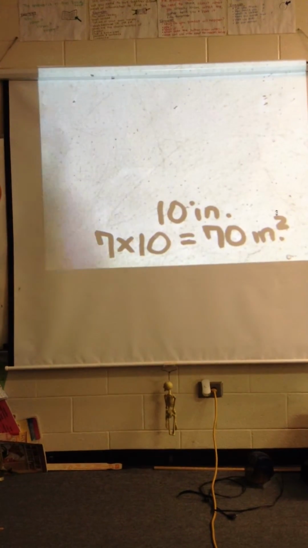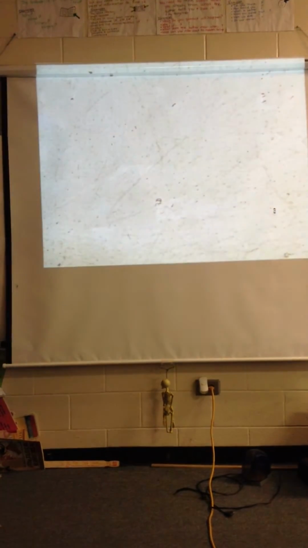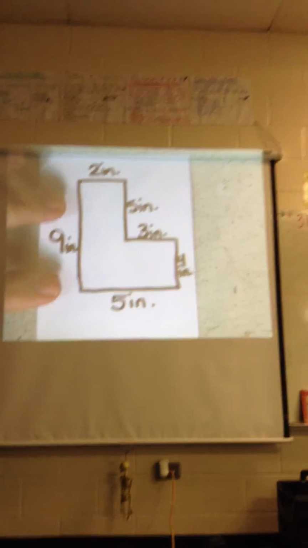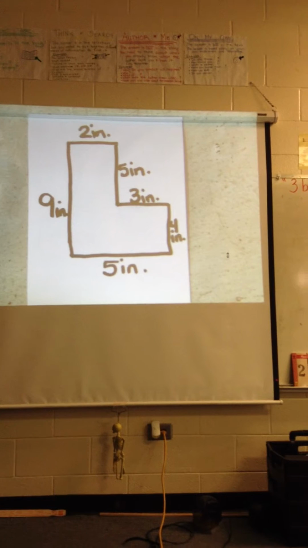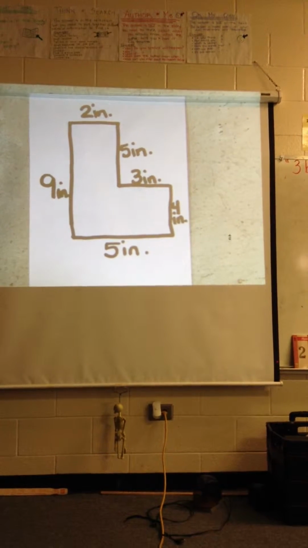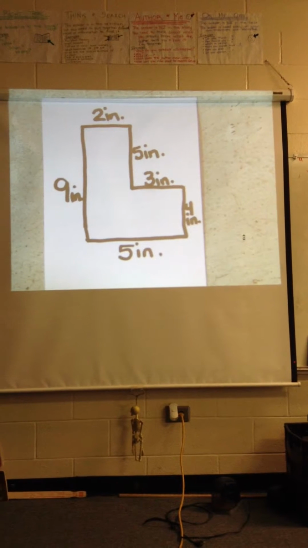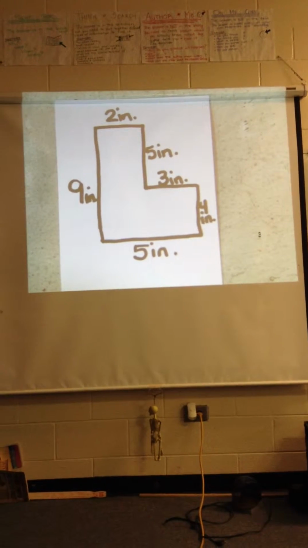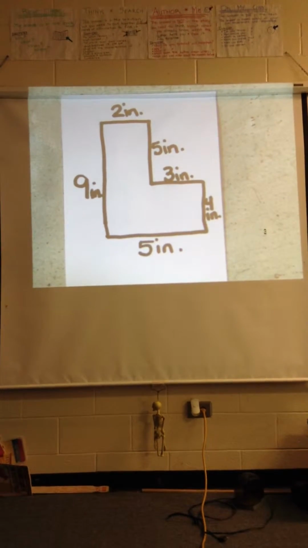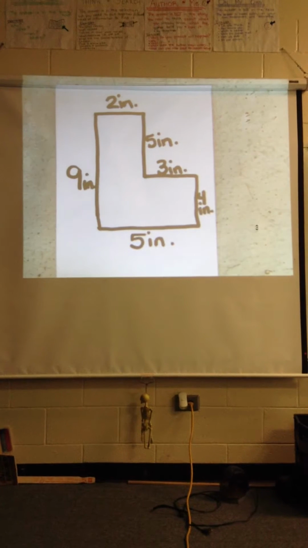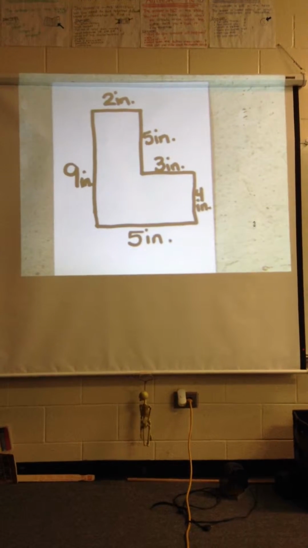Another area problem is when it is no longer a rectangle. This is a rectilinear shape. This could be the shape of a pool. Could be the shape of a garden if we didn't put our gardens side by side. If we look at this, then we're going to look at it and try to figure out how can we separate this into two rectangles.